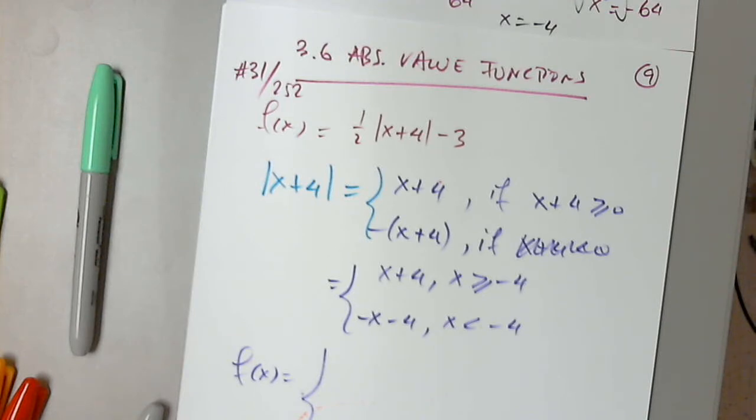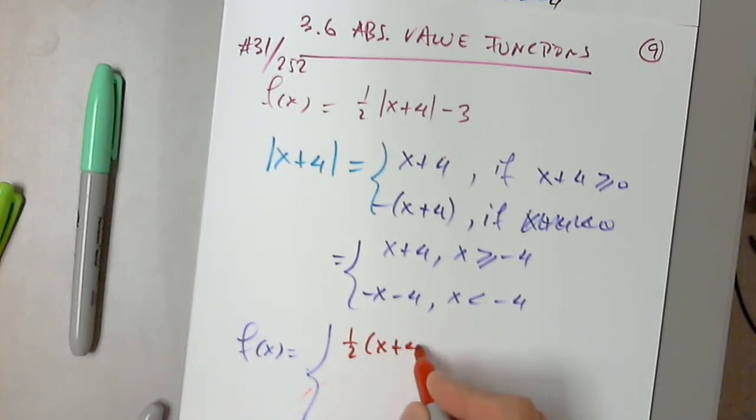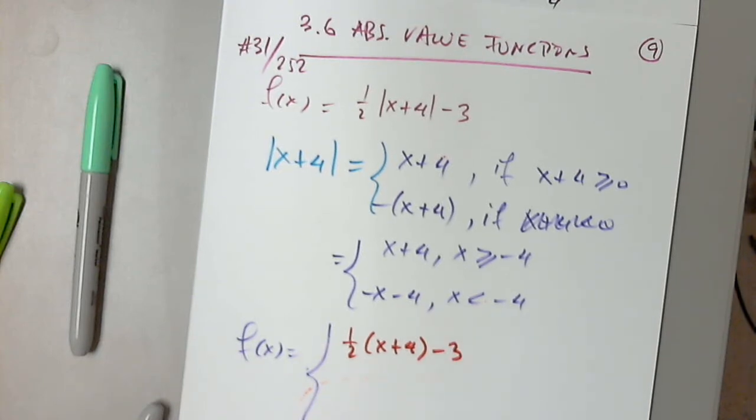Can anyone give us the 2 options here? So it's 1/2 times x plus 4 minus 3 for x greater or equal to negative 4. And negative 1/2 times x plus 4 minus 3 for x less than negative 4.